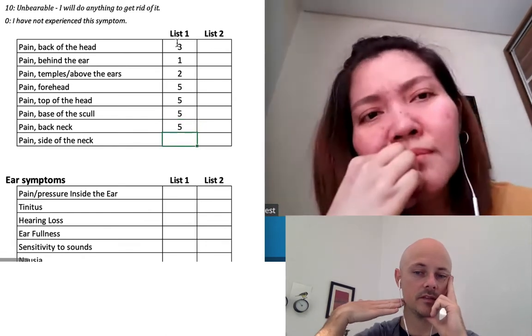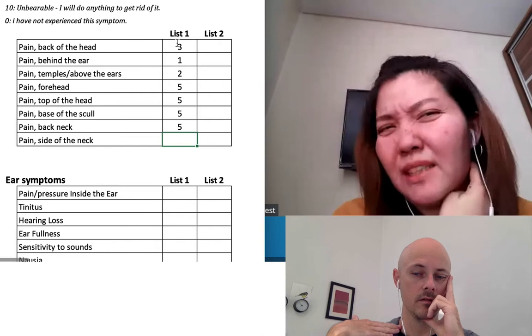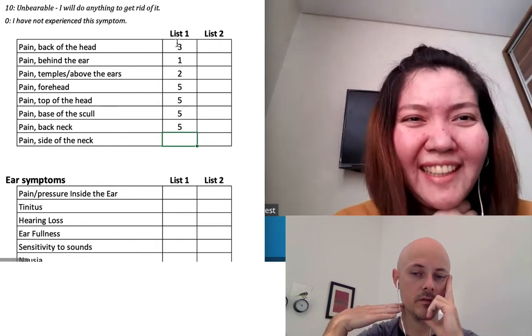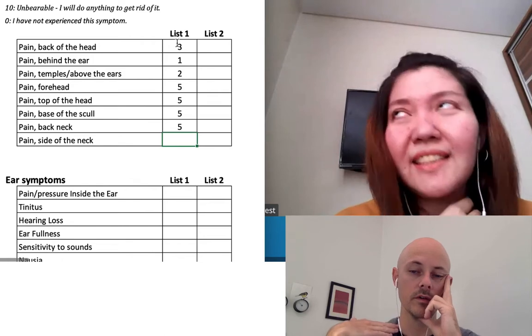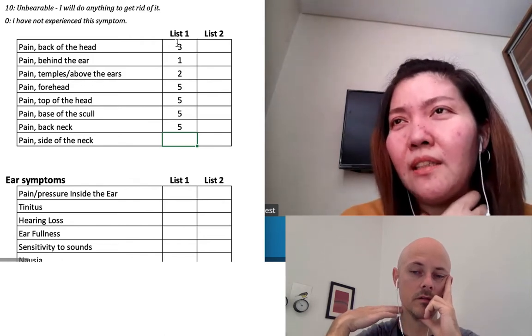And then we have the side of the neck. It's tight. How can I rate that? It's tight, it's uncomfortable.